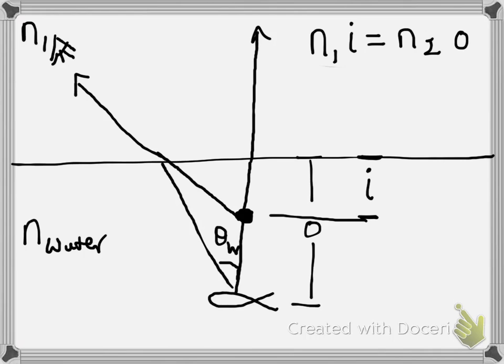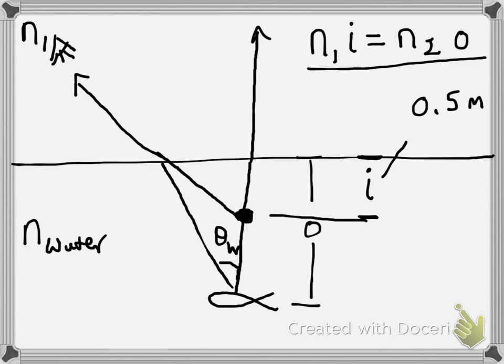Or vice versa, if I know approximately how deep the fish appears to be, then I can calculate how deep it actually is. So let's do that real quick. So let's say that my fish appears to be half a meter below the surface. Like if I'm just looking at my fish, I would guess, oh, it's about half a meter below the surface. How deep is it really?